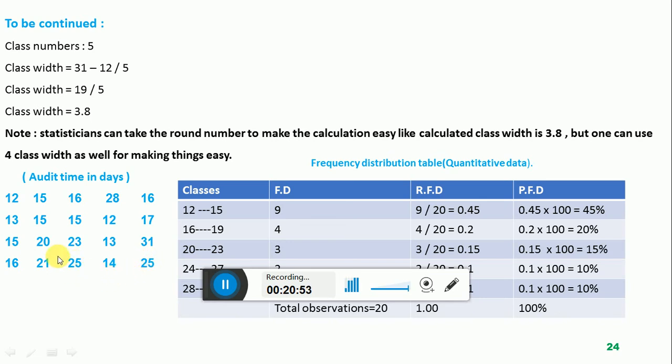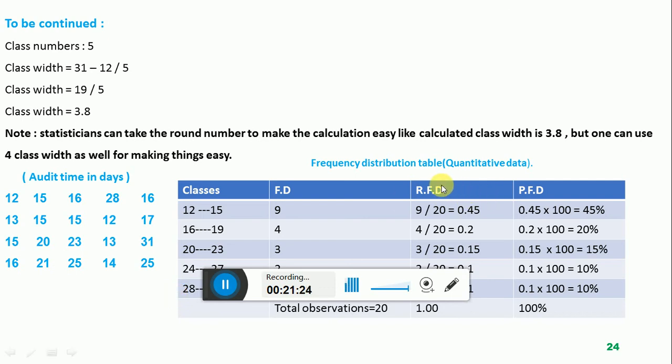So the frequency of the fourth class is 2. For the fifth class, we include all those data items which are greater than or equal to 28 and less than or equal to 31. We again have two data items, 28 and 31. So the frequency of the fifth class is again 2. This is the way to develop frequencies for each class.